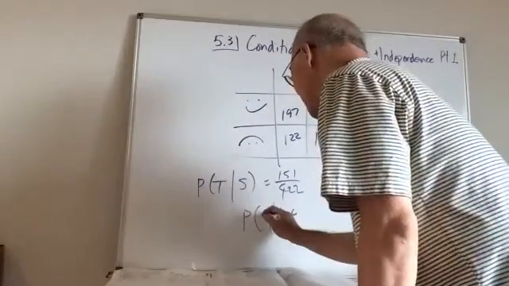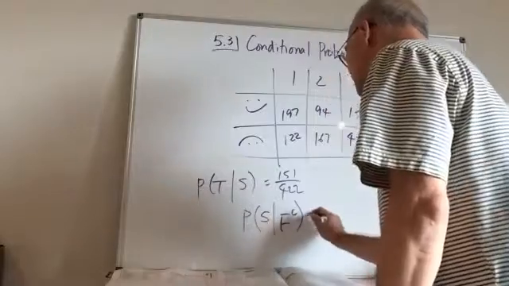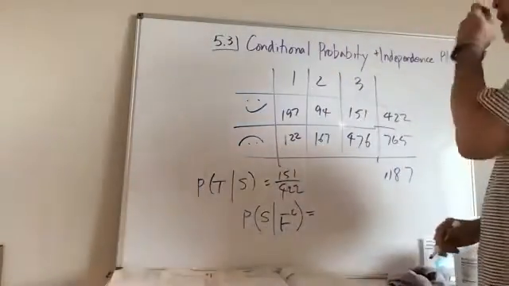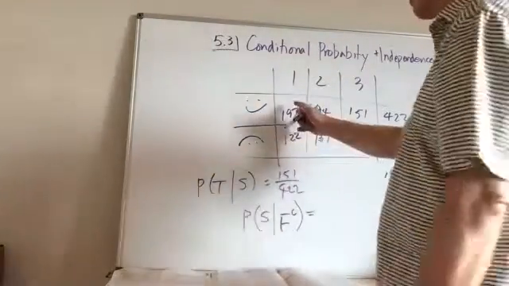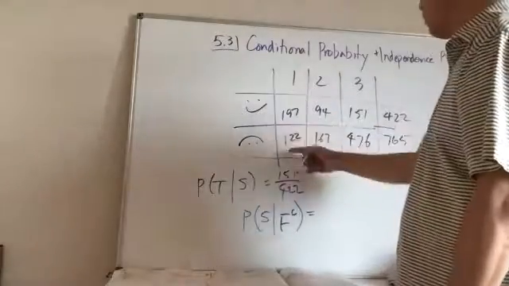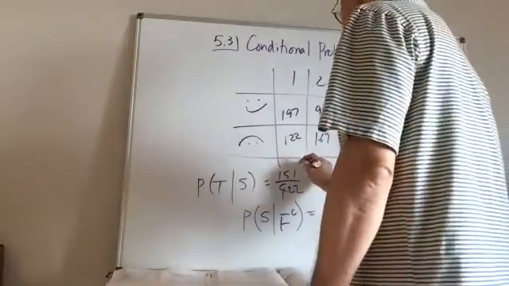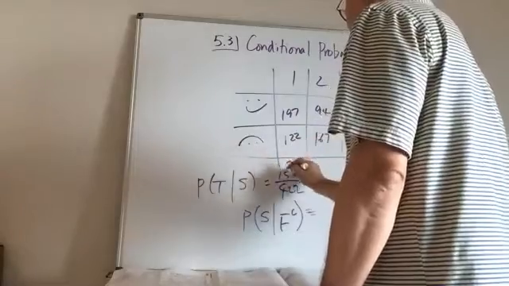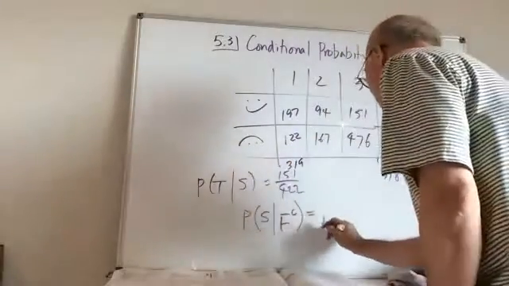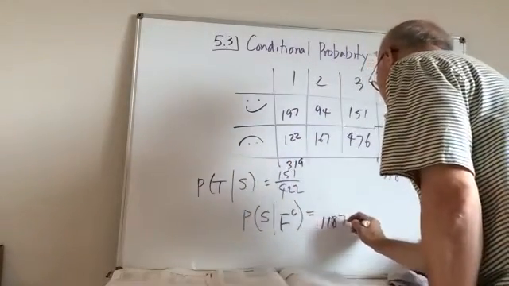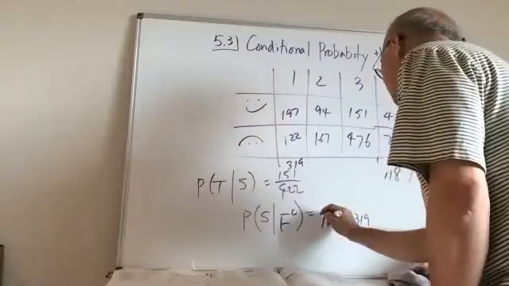So you survive, which will be an S. If you're not a first class passenger, how many first class passengers do we have? We had this many first class passengers. If I add these together, I get 319. So it's going to be 1187 minus 319.